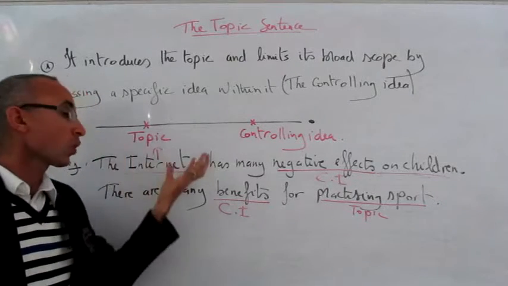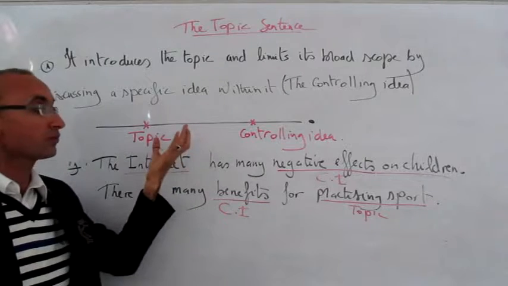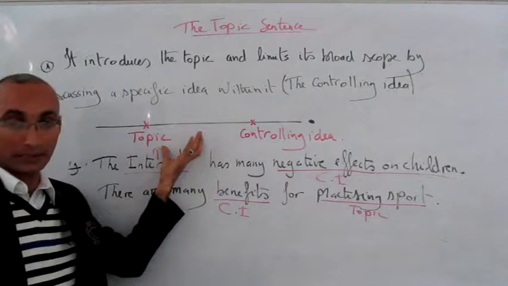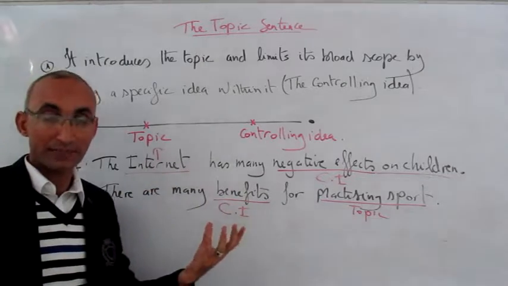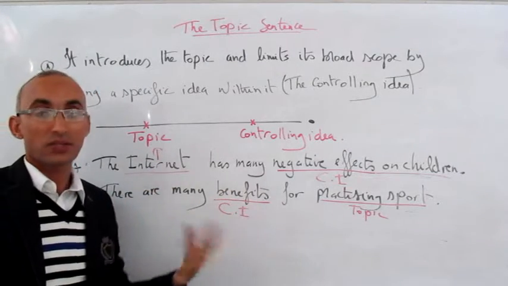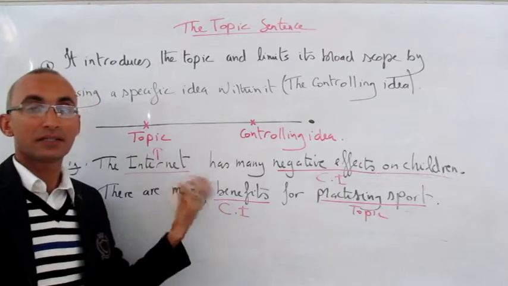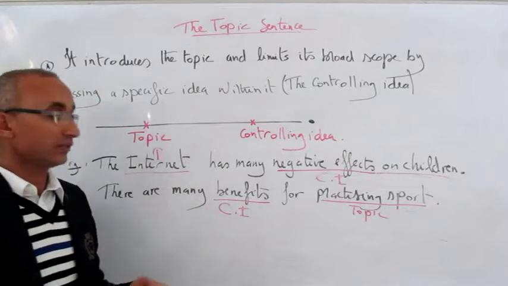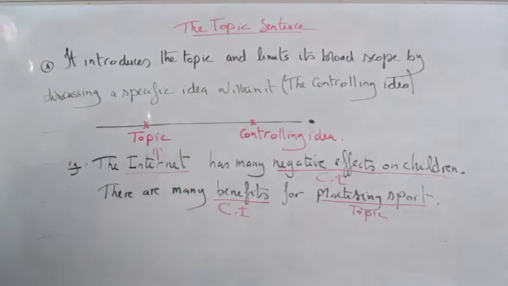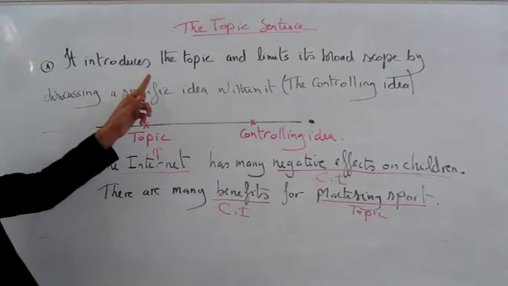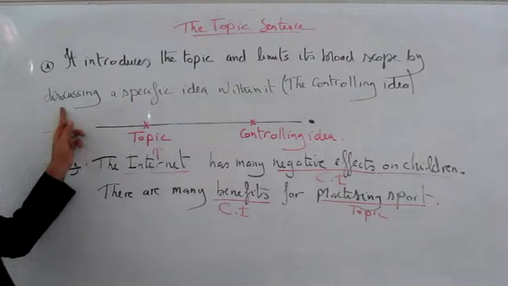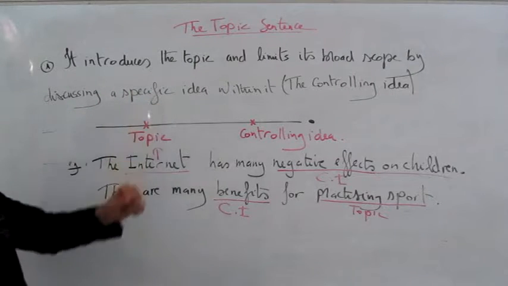Here we promise our readers, we inform them about what the paragraph will be about and what will be discussed within the fold of its few lines. So, number one is to introduce the topic and limit its broad scope by discussing a specific idea within it.